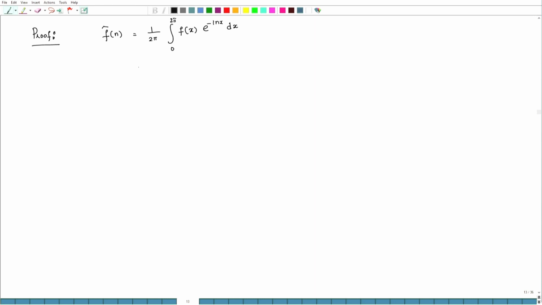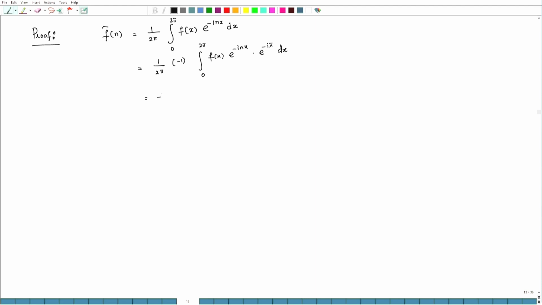Now, this I can write as 1 by 2 pi, and I multiply a negative sign, integral 0 to 2 pi f of x e to the power minus i n x into e to the power minus i pi dx, because e to the power minus i pi is cos pi, which is negative 1, and negative 1 is here.